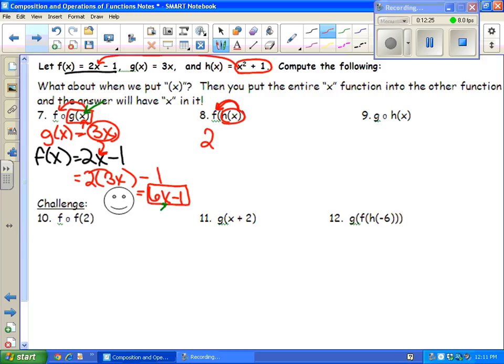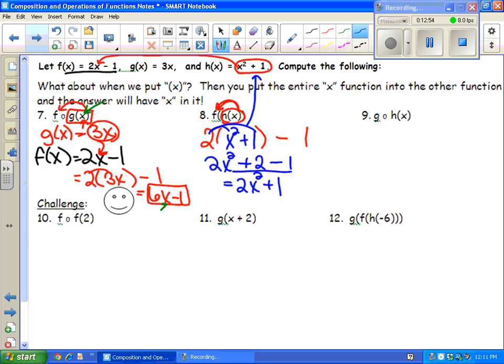So it's going to be 2 times something minus 1. Well, it's not going to be 2 times x anymore because now I'm going to replace x with what? I'm going to replace it with the h of x function. And the h of x function looks like what? X squared plus 1. And now if I multiply through, I get 2 times x squared plus 1 times 2 is 2 minus 1. Final answer is 2x squared plus 1.